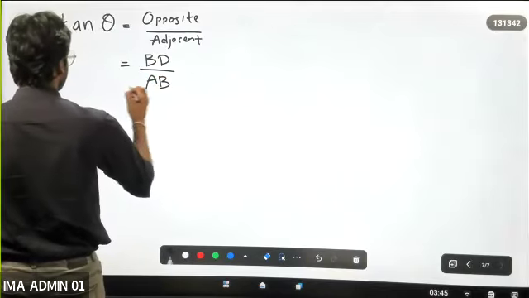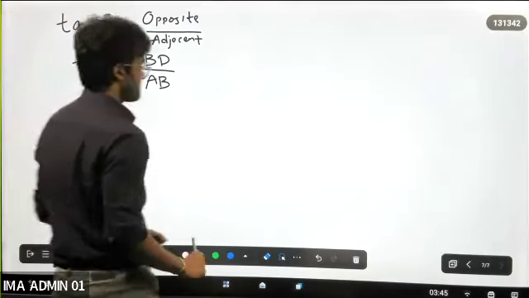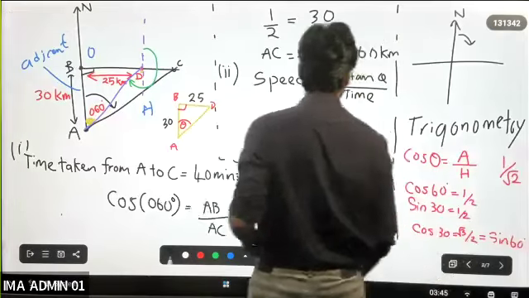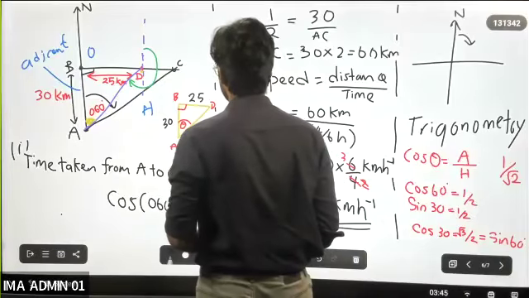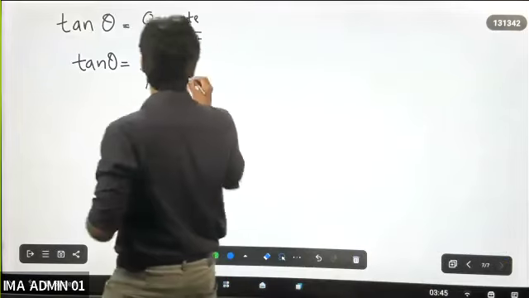BD divided by AB, which is 25 over 30. And it's 5 by 6.